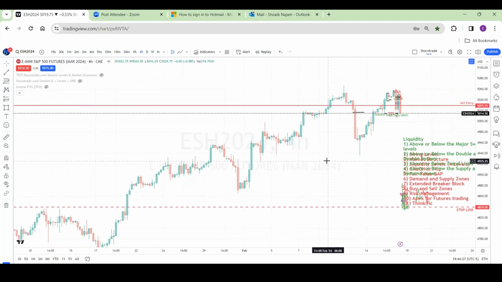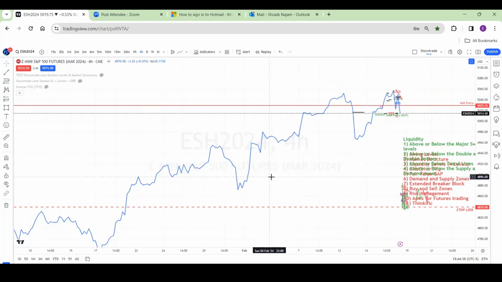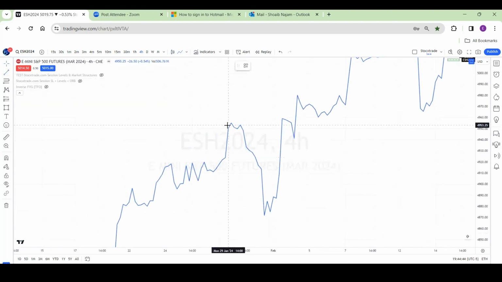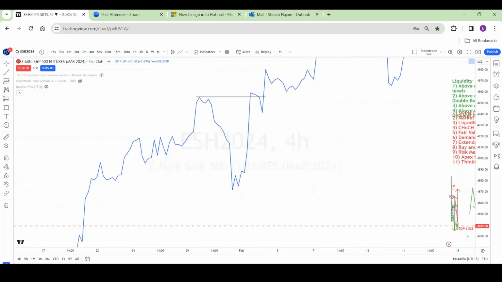If you are looking at the candles and think it's really difficult to mark the highs and lows, you can just shift the chart to a line chart. This is the 4-hour line chart. Once this area breaks, I can say the next point is my high. If I want to mark my swing levels, this is my high and then low.